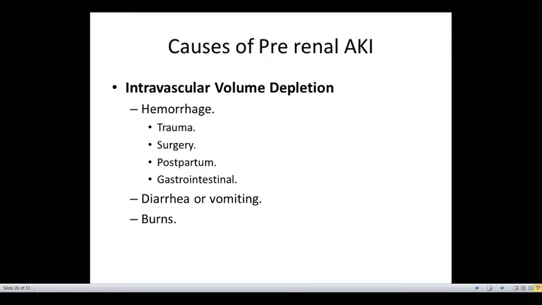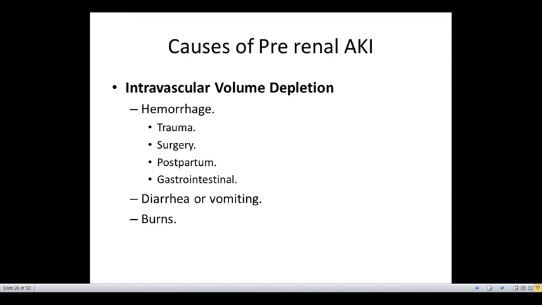The causes of pre-renal acute kidney injury are: number one, intravascular volume depletion, which may be due to hemorrhage because of trauma, surgery, postpartum, or gastrointestinal hemorrhage.